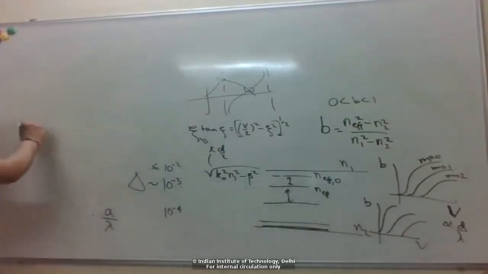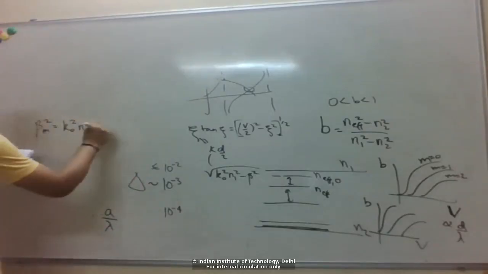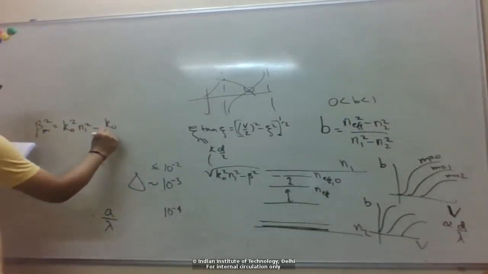Beta has units of per length, so beta square has units of per length square. That's why you have k naught square here, and then you have k naught by a.